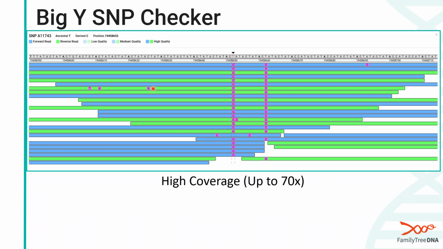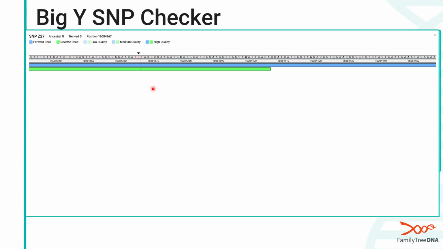So this is what's called a high coverage next-gen sequencing test, because we cover the targeted area up to 70 times. So that doesn't mean that all 70 of those tests are going to pick up the entire genome, but when you combine it together, you get very good coverage. There are some areas of this test that have low coverage or lower coverage.